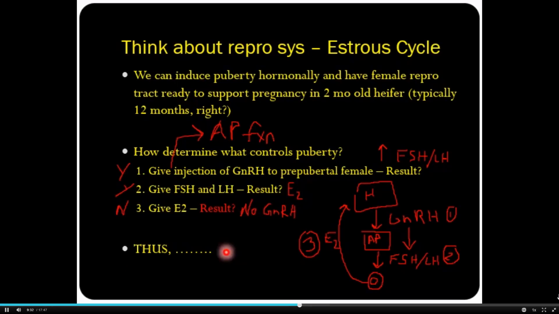It began to reason that the hypothalamus wasn't responding to threshold levels of E2. So while the anterior pituitary is mature and fully functional, and the ovary is functional in terms of producing follicular growth and E2, the hypothalamus, for whatever reason, is not responding to estradiol.